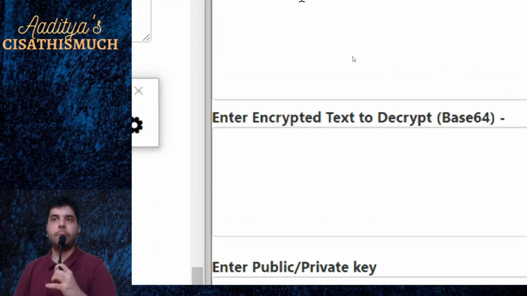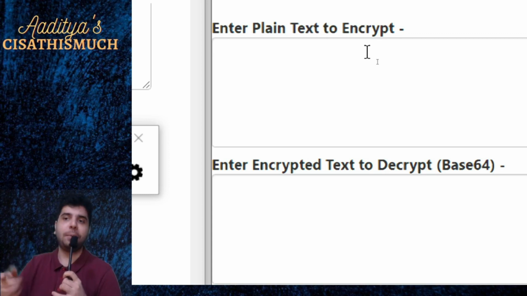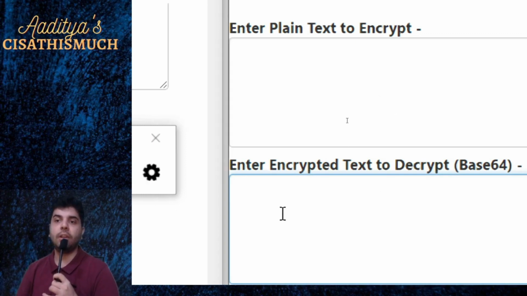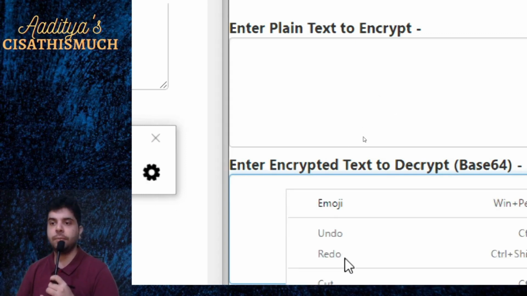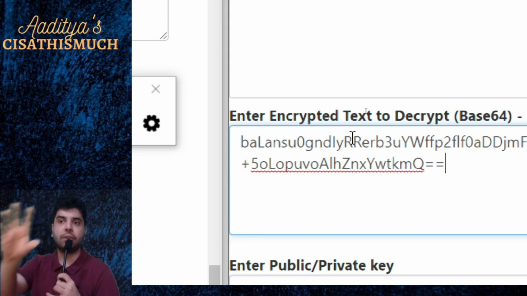All right, so in this particular area it is asking to enter plain text to encrypt, but John doesn't want to encrypt. John wants to decrypt. So John will paste here, enter encrypted text to decrypt. Now John has pasted the encrypted text over here.